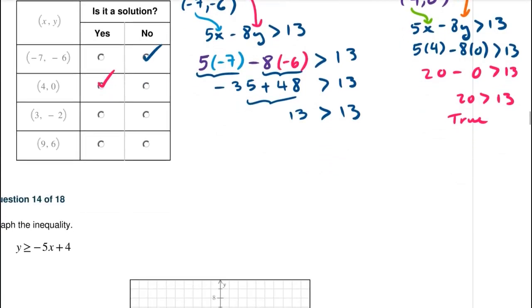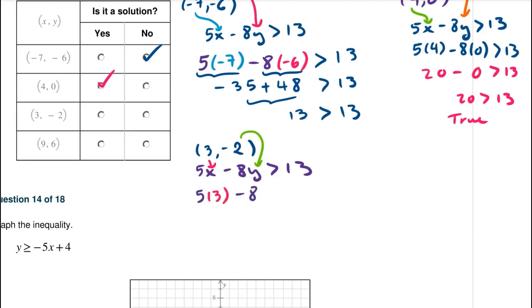Okay, next point. 3, -2. So same inequality, 5x minus 8y greater than 13. This time x is 3 and y is -2. That will be 5 times 3 minus 8 times -2 greater than 13.